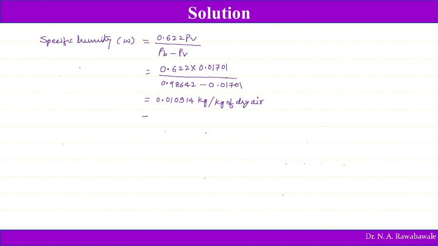If this is to be calculated in gram, then it will be 10.914 gram per kg of dry air. So this is omega, which is known as the specific humidity. Then coming to the next term, degree of saturation. Degree of saturation is given by mu, and mu is equal to omega divided by omega s.